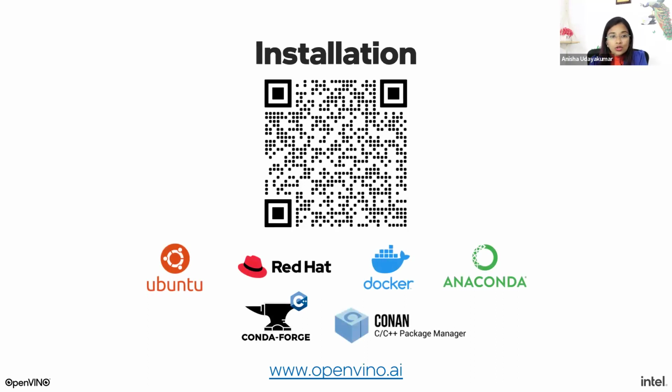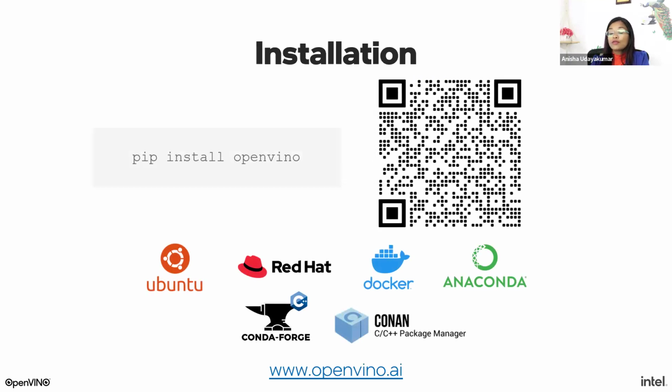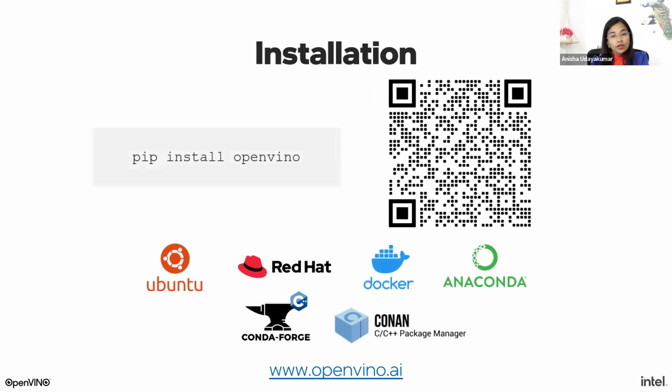You can also install it through Docker, Conda, and C/C++ package managers. If you want to know more about OpenVINO or deep dive into the topic, please feel free to scan the QR code or go to openvino.ai. And if you're a Python developer, the easiest way is to pip install openvino.